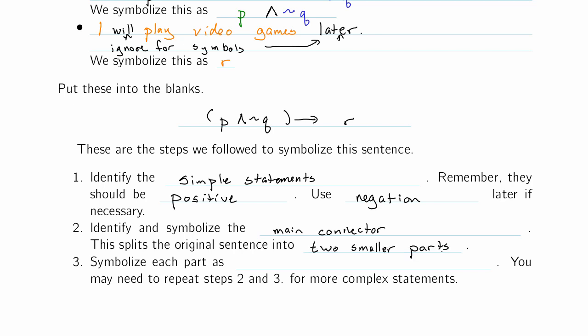Then we look at those parts and symbolize them as their own statements. If we have more complicated statements, we might need to go back to step 2, identify a main connector within the smaller statement, and then symbolize those parts as their own statements. So we might need to loop through steps 2 and 3 several times if we have very, very complicated statements.